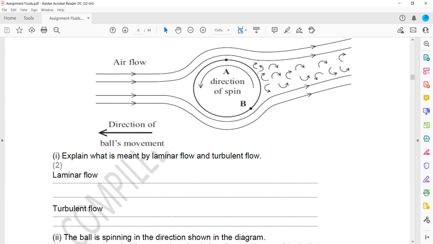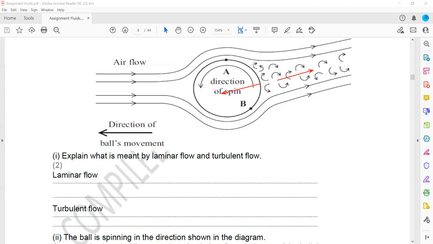And there's also another thing: according to Newton's third law, action and reaction forces are equal but opposite in direction. So the ball will apply force on the air particles, and these air particles will push the ball in the opposite direction.